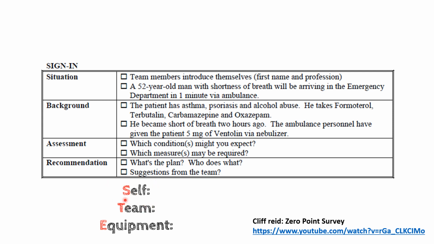The team: is the team assembled good enough for what we need? Are they comfortable? If it was a trauma, then you have to know the A person. Are you doing what the A person should be doing? Do you know how to intubate? Do you know how to intubate a pregnant patient?